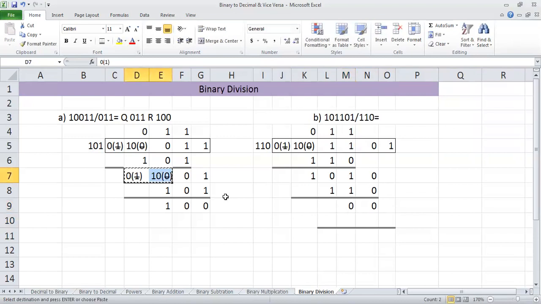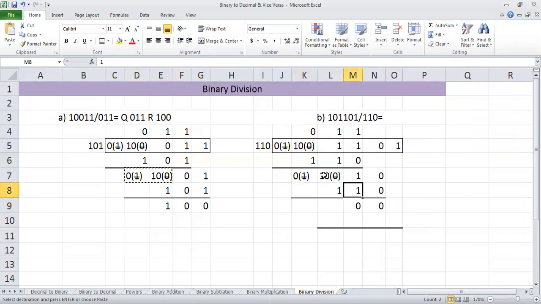It will take a borrow from the next number and it will become 10. 10 minus 1 is 1. Now this is 100. Again, we will bring down the next digit. Again, it will go with 1 only. And 1, 1, 0.